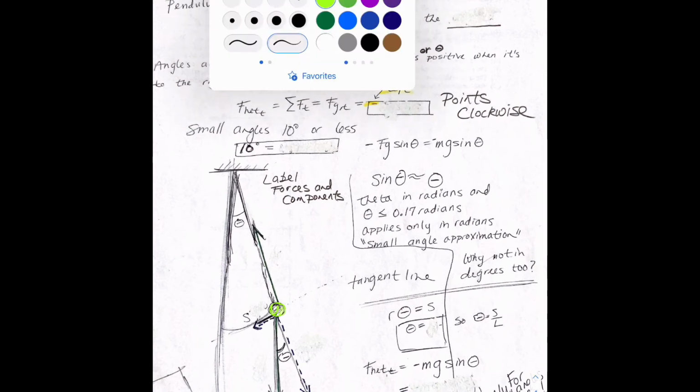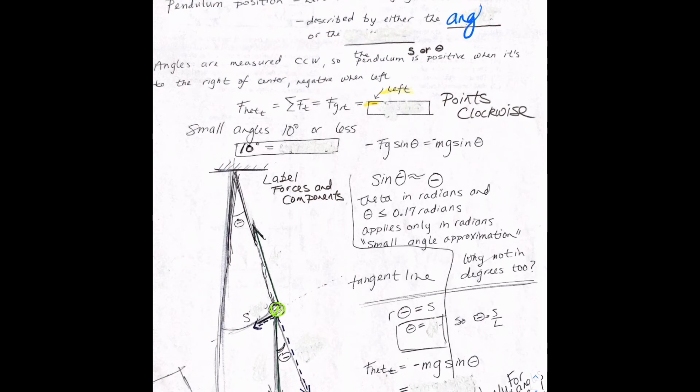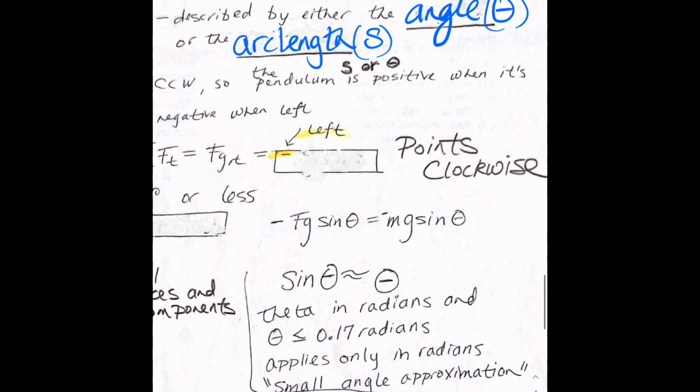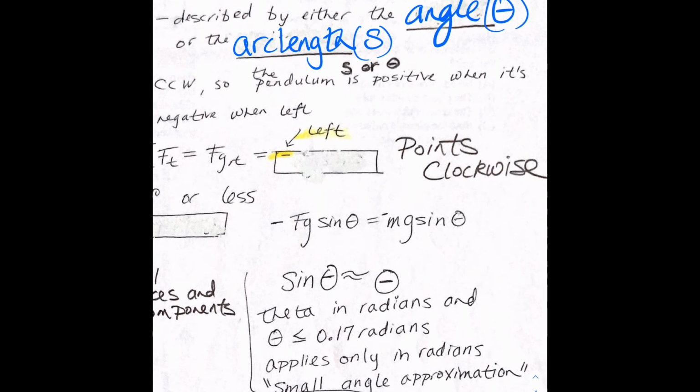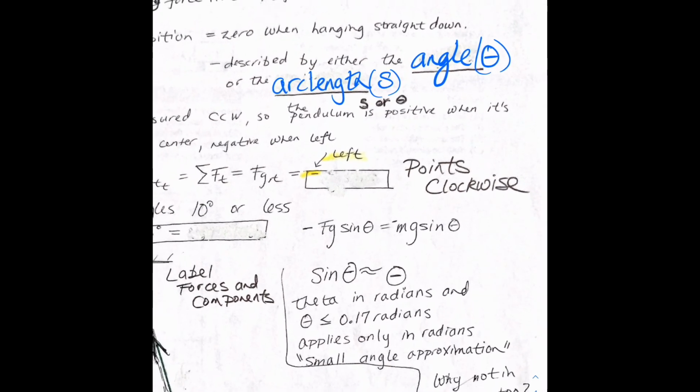So let's go ahead and write that in, either by the angle theta or the arc length, which we're going to call S. And we already said if the arc length S is to the right, we'll call it positive, and if the angle is to the right, we'll call it positive, and we already stated that.